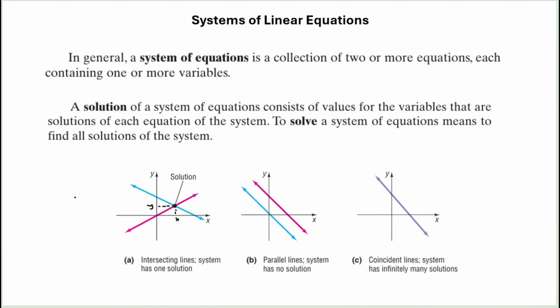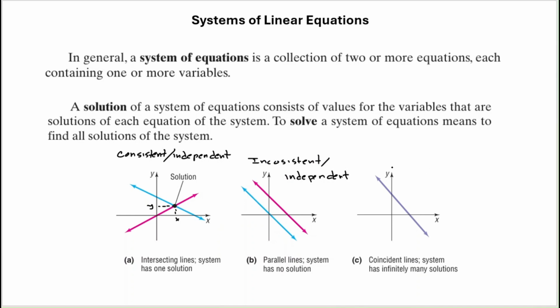So remember, in the first case, you have a system that is consistent and the equations are independent. Here you have a system that would be inconsistent because it has no solution, and the equations are also independent.